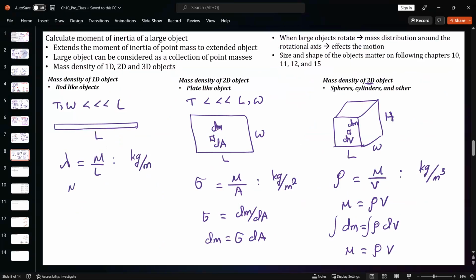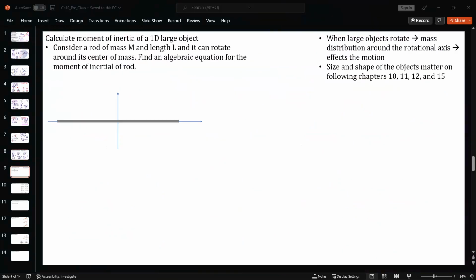In this case, the mass we can easily write as lambda times L. On the other hand, if you consider a small piece out of this, a small dm piece with length dx, then lambda must still be equal to small dm over small dx, so the small mass particle is equal to lambda times dx. This definition is important to figure out some of the other important concepts, particularly in this case, the moment of inertia of extended objects. That's why it is an important concept.